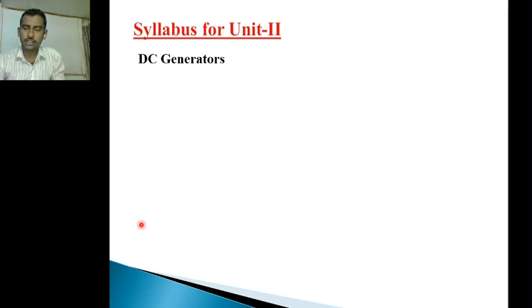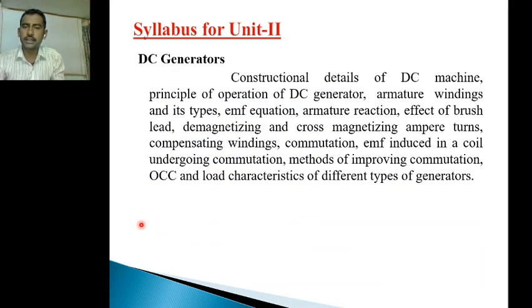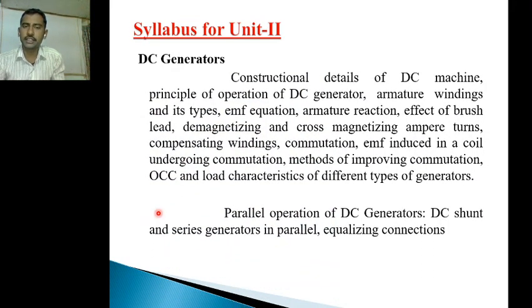In these DC generators, we will see some topics. Those topics are construction details of the DC machine and principle of operation of the DC generator, armature windings and its types, EMF equation, armature reaction, effect of the brush lead, demagnetizing and cross magnetizing effect on ampere turns, and compensating windings, commutation, EMF induced in a coil undergoing commutation, and methods of improving commutation, OCC and load characteristics of the different types of DC generators, and parallel operation of DC generators.